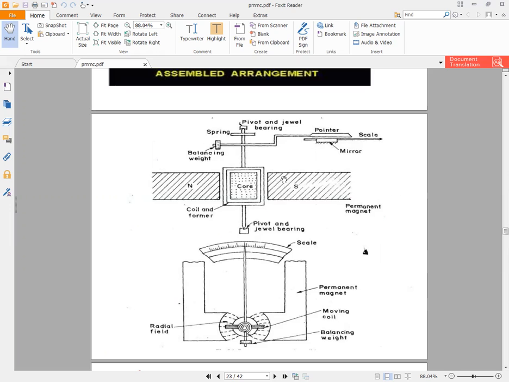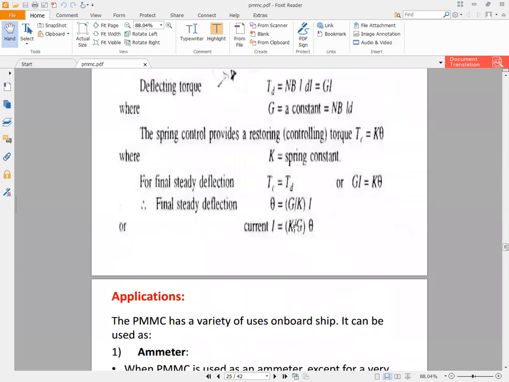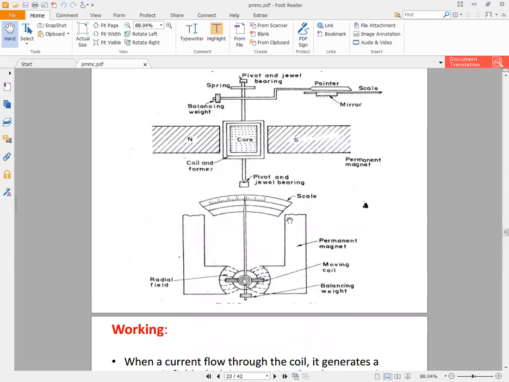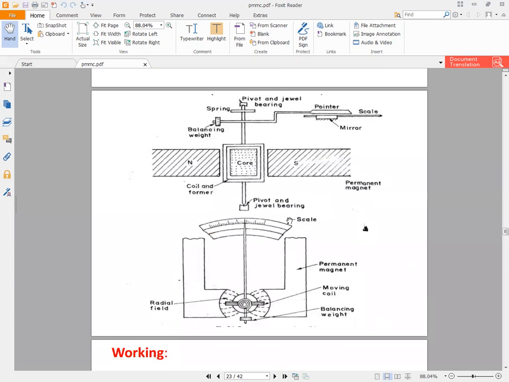The eddy current method is used, which is an effective damping method, meaning it shows the reading fast and does not take swings. And most important, the scale is uniform. So this is our PMMC instrument, the permanent magnet moving coil instrument.